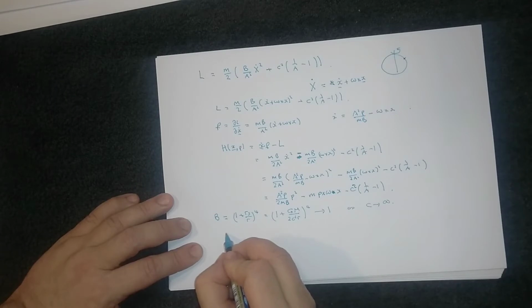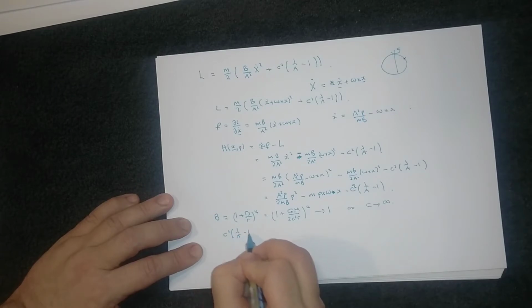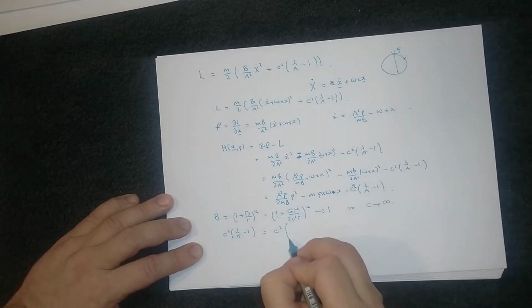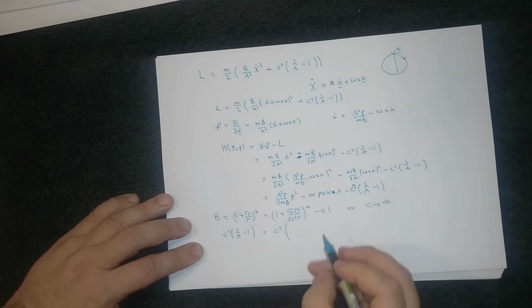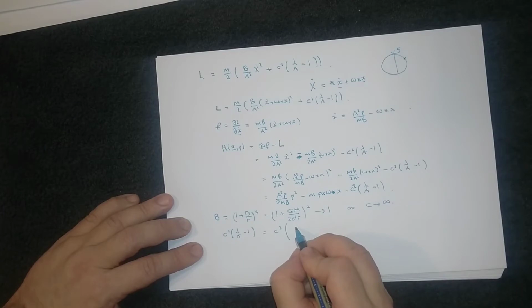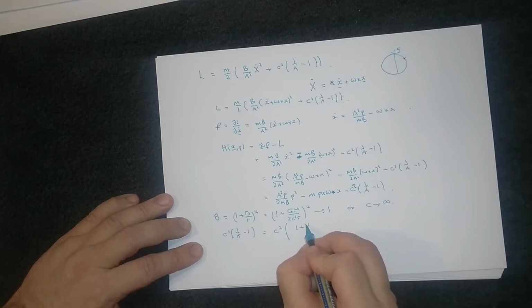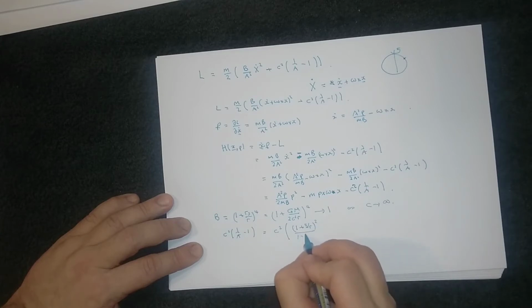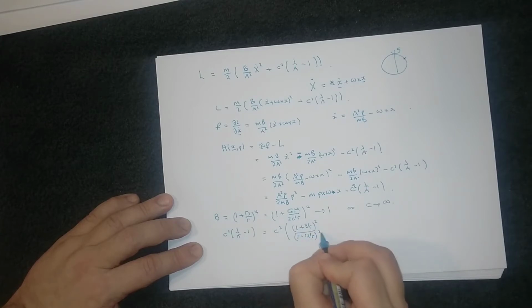What about c squared times 1 over a minus 1? That's c squared into, now this gives me (1 plus rs over r) squared over (1 minus rs over r) squared minus 1.